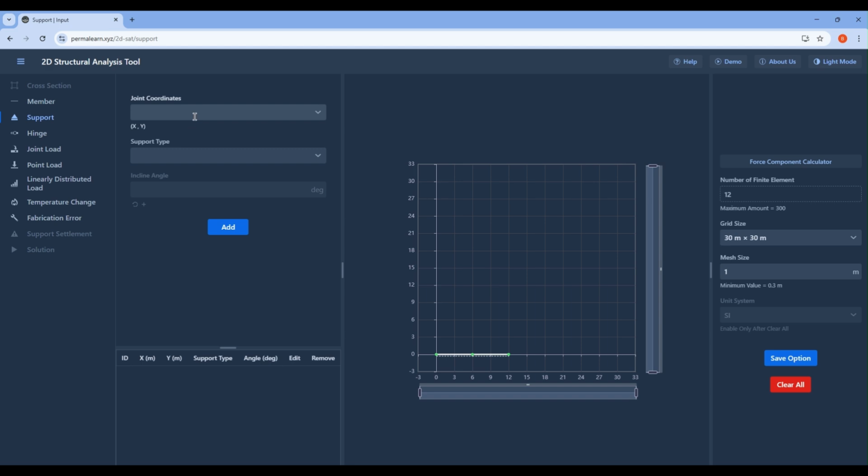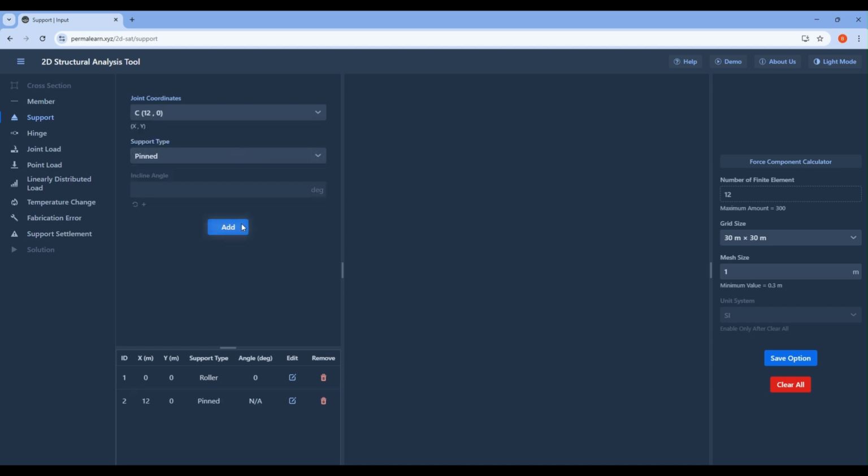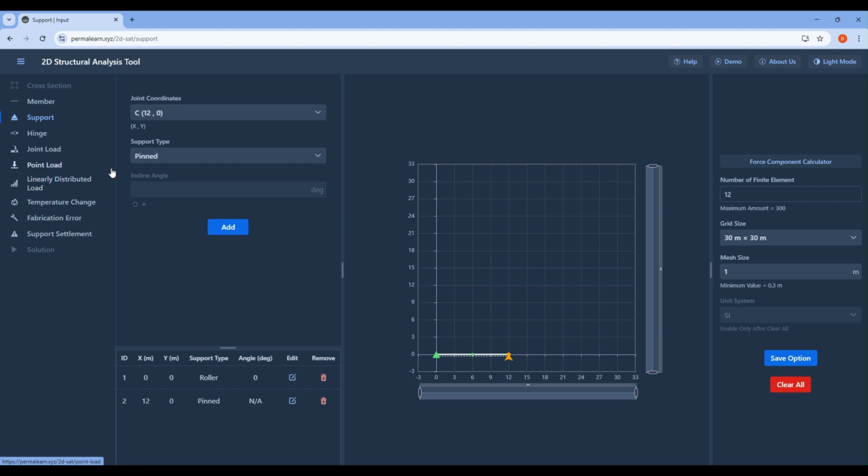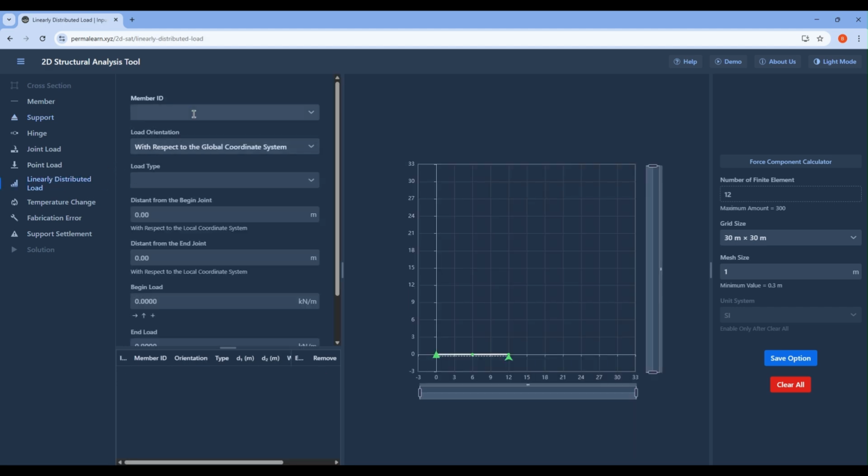And now let's start adding the support. At A we have roller, and at C we have pin. And now let's add the distributed load, which is for member 1, global coordinate system, vertical load.